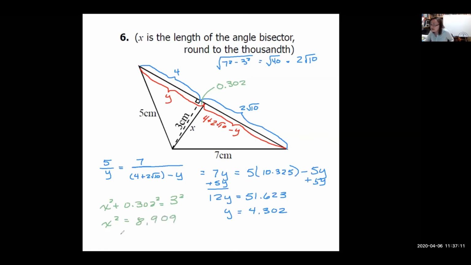If I carry that out, take that square root, x is equal to approximately, I really should be using approximately symbols here because everything is being rounded, 2.9847, so technically it would be 2.985. And there's your answer.